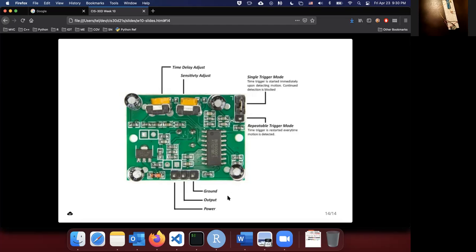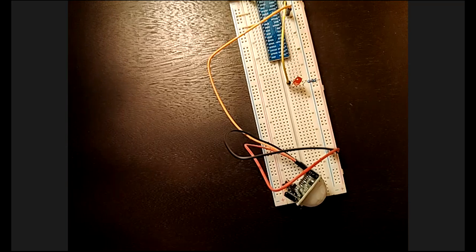Okay, all right. So now, let me show you real quick the sensor that I have, and then we'll come back to look at the program. So this is the physical circuit. I got this connected. It's very easy to connect.